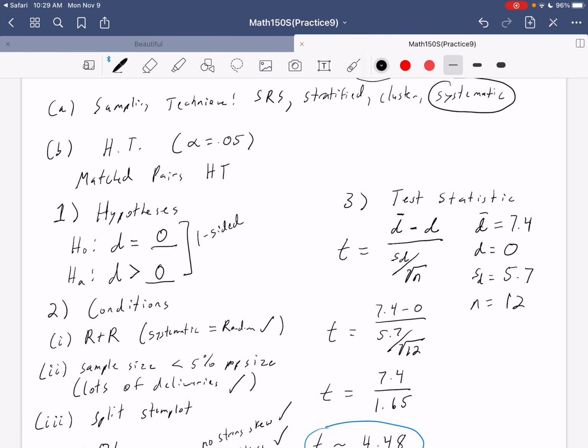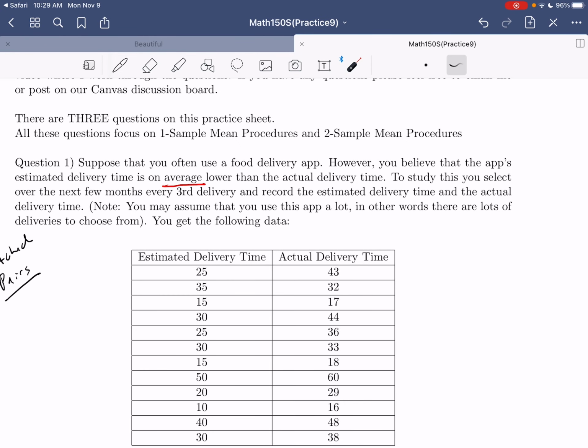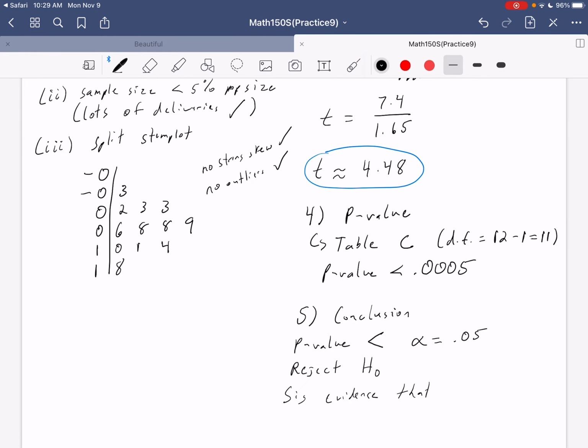Well, we could say that the differences on average are greater than 0, or we could go back to the original way that we phrased the claim, that the estimated delivery time is lower than the actual delivery time on average. So, significant evidence that on average, the estimated delivery time is less than the actual delivery time.